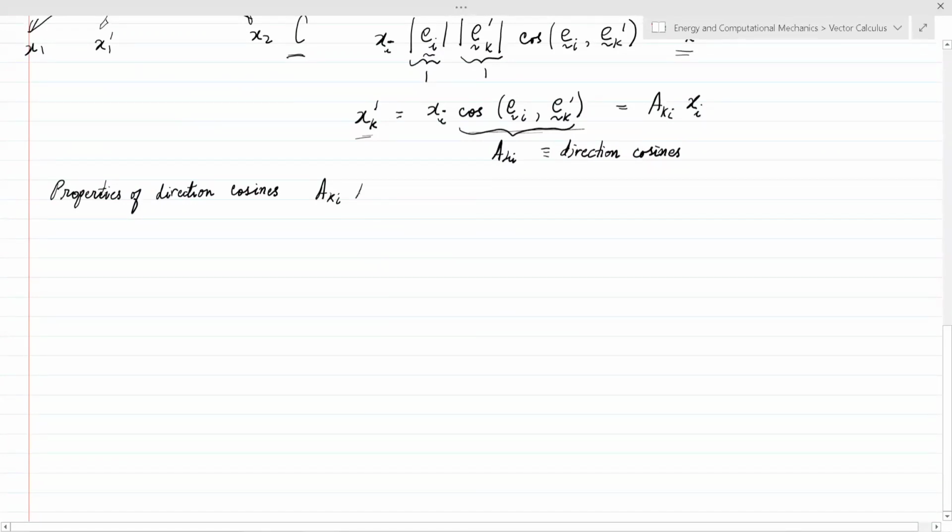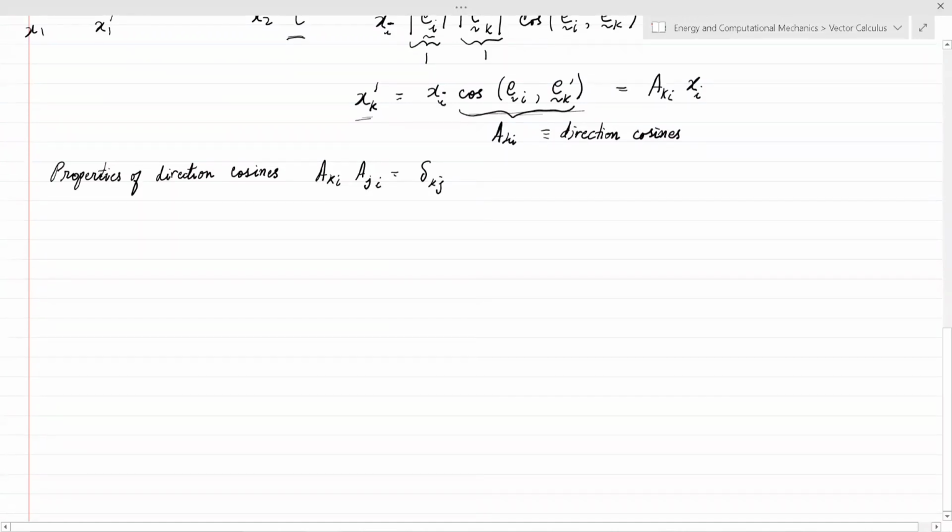So aki times aji is the Kronecker delta. That's the first property. And this is the same thing as saying A times A transpose is the identity matrix. Same thing.